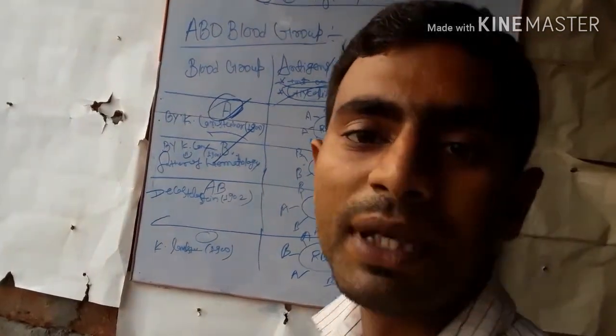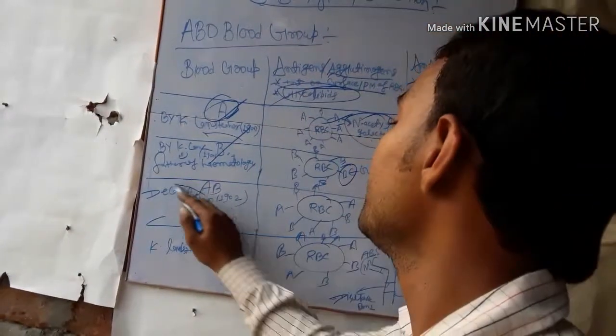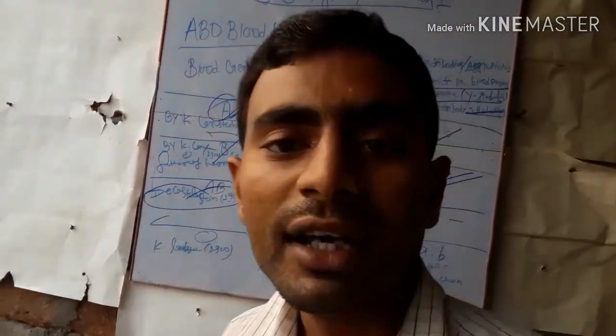Third is AB. Blood group AB was discovered by De Castello and Sturli in 1902.